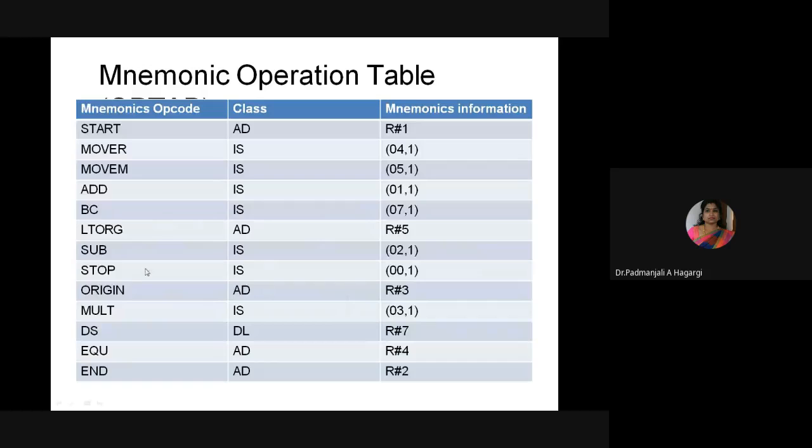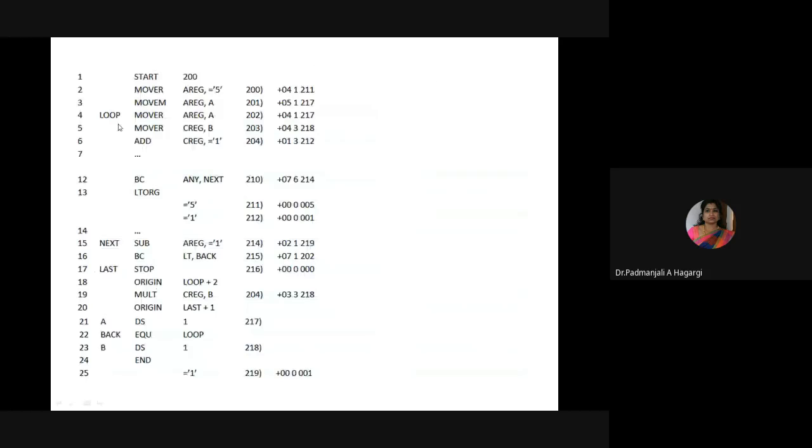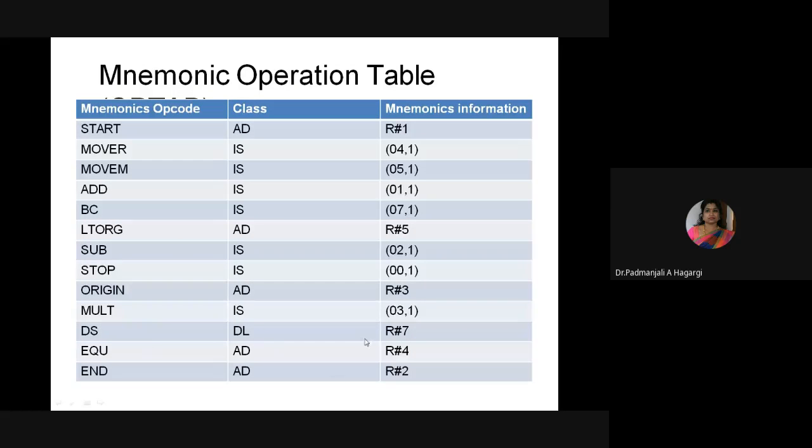The third routine goes with ORIGIN. It takes the last program address plus the displacement value with the 1. So that is the origin of the third routine of the program.